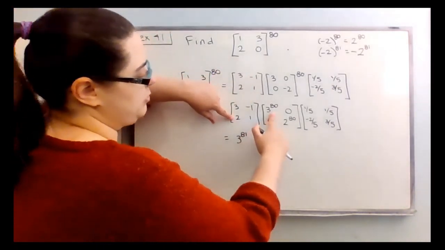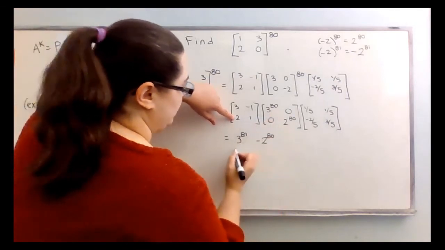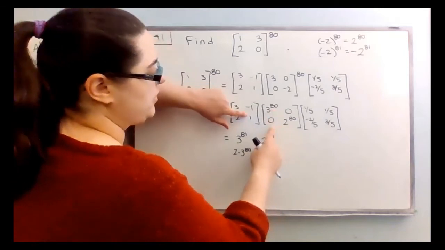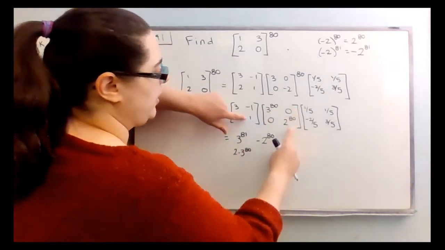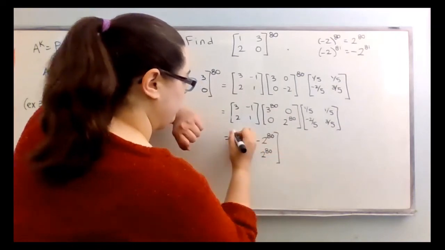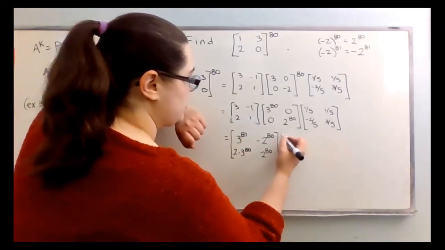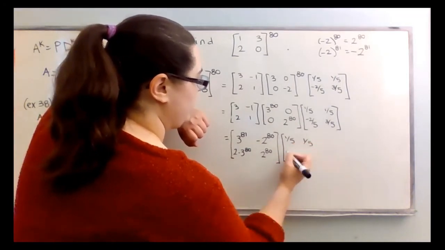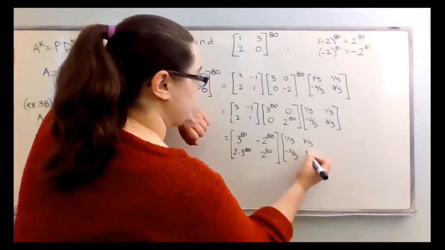Here we're going to get a nice expression, 2 times 3 to the 80th, plus 0. And here we have 0, and then 2 to the 80th power. Times this beautiful matrix of fractions, 1/5, negative 2/5, 3/5.